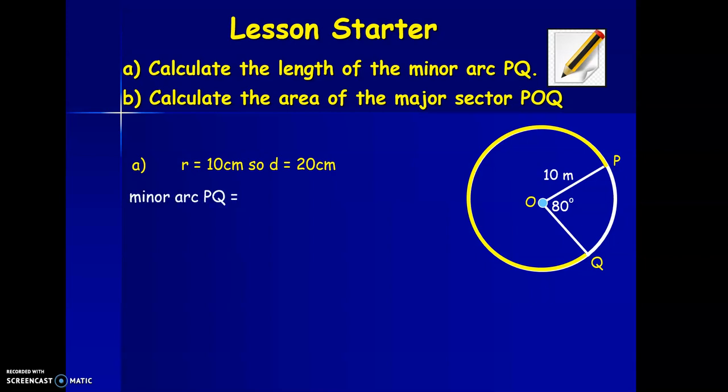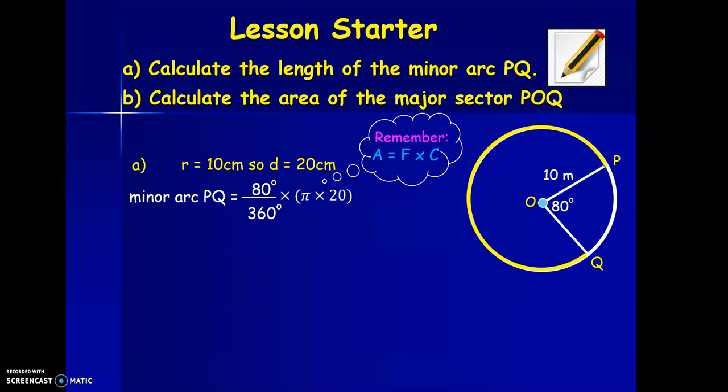Remember, your formula for the minor arc is the fraction times the circumference, so it's 80 degrees divided by 360 degrees times pi times 20. And we get an overall answer of 13.96 centimetres. So the length of the arc PQ is 13.96 centimetres.